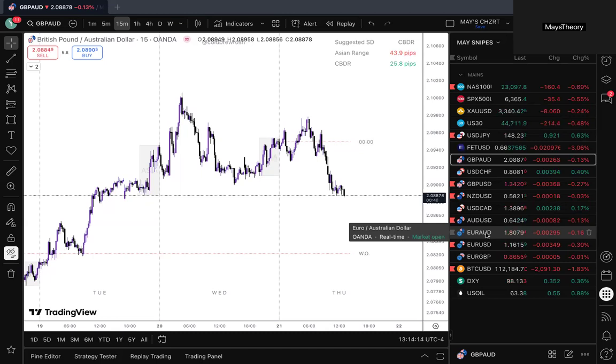It could give you a lot more clarity to what you want to do on this particular asset class. And this is where SMT divergence comes in. And this is the importance of reading the tape in terms of interconnected markets.